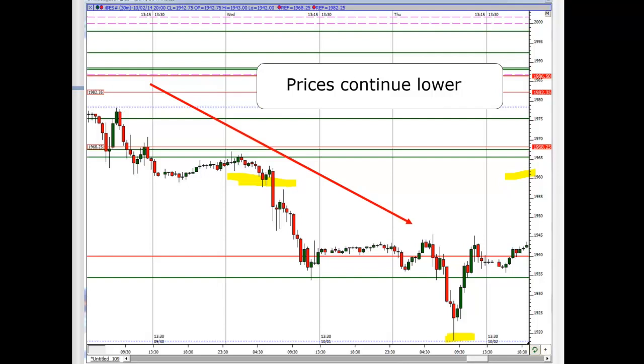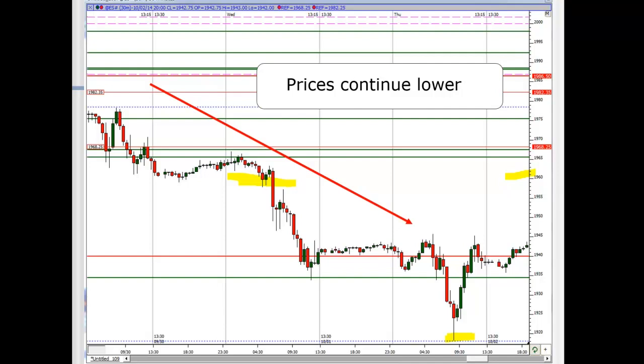At this point in time, though, I begin to see signs of initiative buying, and the market has come down significantly, from the high all the way down to 1920. That's a significant move down.